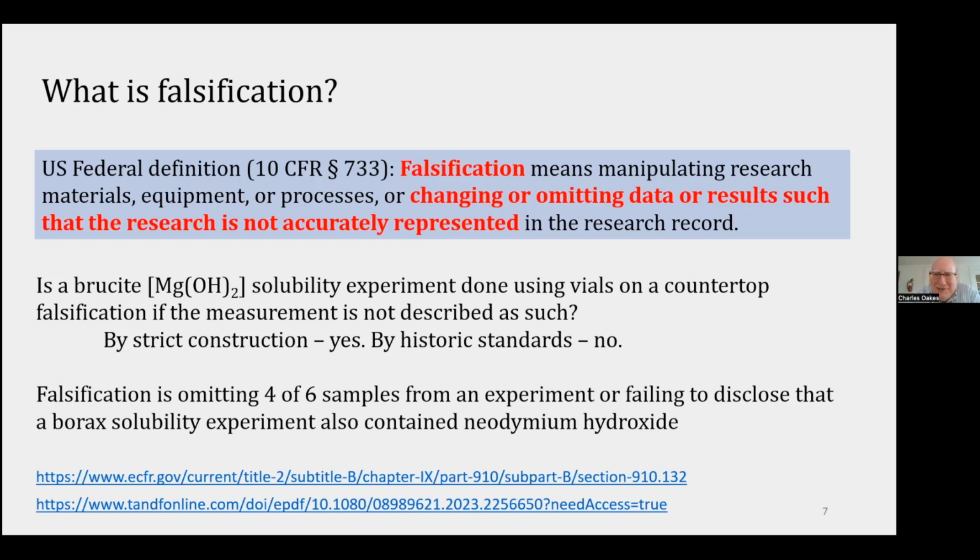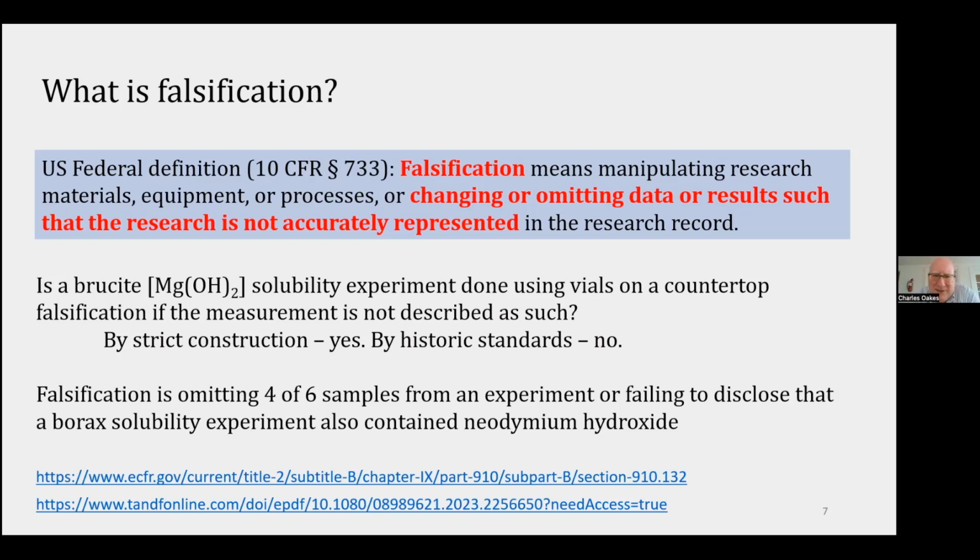Now, what is the significance? I'll give an example here of brucite measurements. If you do some brucite (magnesium hydroxide) solubility experiments, you publish the work, and nowhere in the paper do you disclose that you did the experiment on a benchtop and the experiment was exposed to CO2. So what you're measuring is a different chemical system than what you've disclosed.